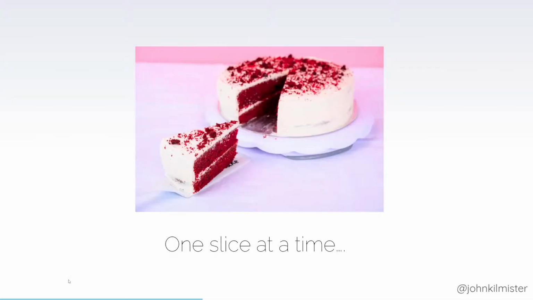So what we really want to do is, much like this cake, it might seem like a good idea to eat it all at once, but really you want to take it one slice at a time to make it manageable. That's exactly how we want to tackle breaking up our monolith. We want to break it up one slice at a time. We can do this over a long period, and sometimes we might go faster and sometimes we might go slower.